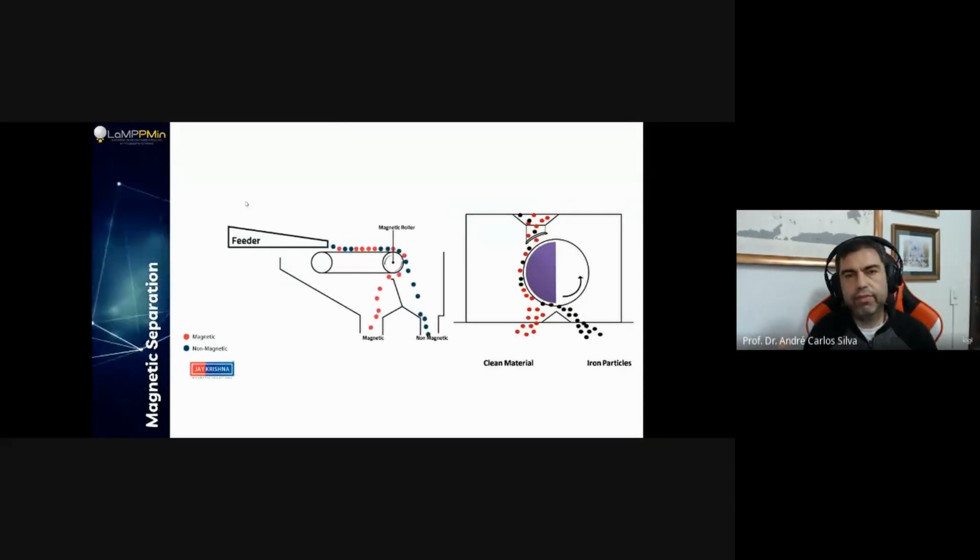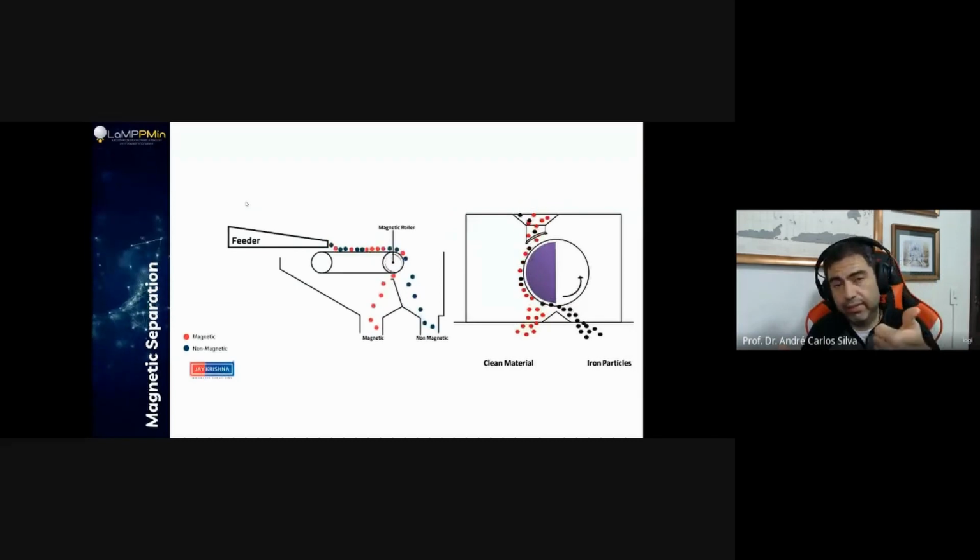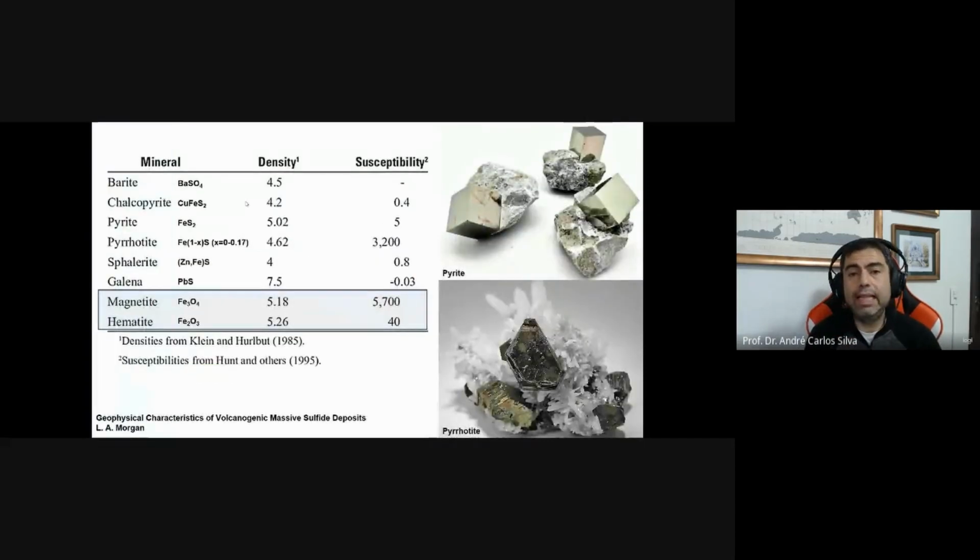You can have differences in the intensity of the magnetic field and also in the intensity of the magnetic gradient. Okay, so these machines are called LIMS, low intensity magnetic separators. And I brought to you guys this table. It's coming from this book down below. It's from Elle Morgan, and she's a very good geologist.